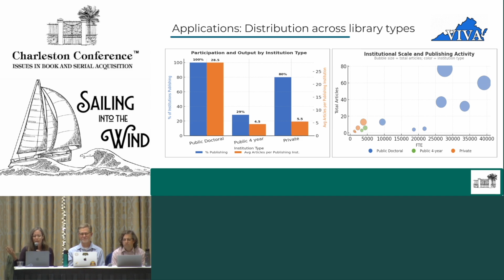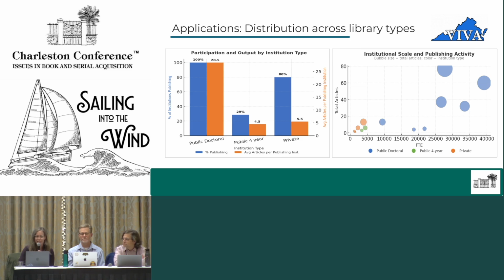At the more macro level for this agreement, we've seen 259 articles published across the consortium, representing approximately $832,000 in APC cost avoidance for Virginia institutions. More importantly, perhaps, is the example of one of our public 4-years, which has about 4,400 students and has published 6 articles, avoiding over $20,000 in APC costs.